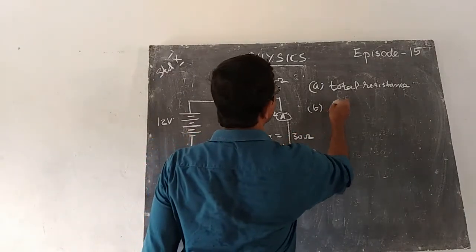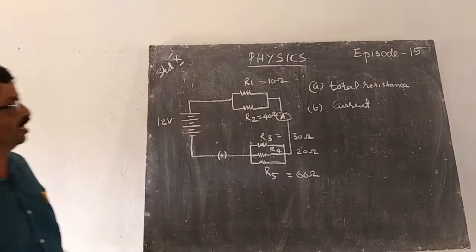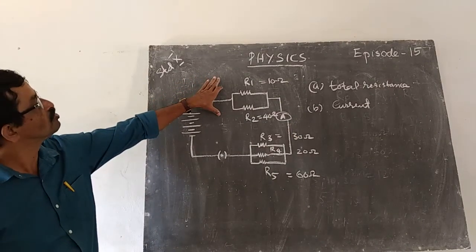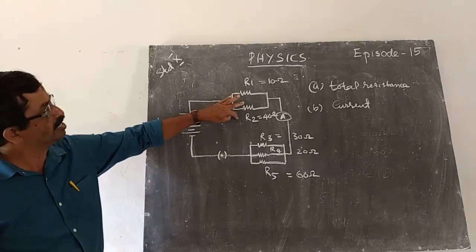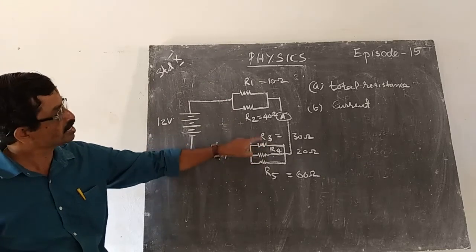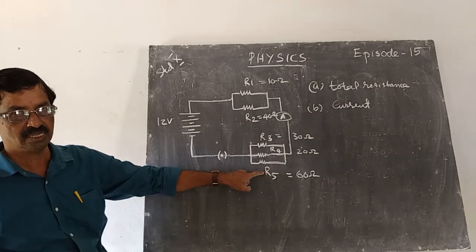See here, these two resistors R1 and R2 are connected in parallel. Again, see R3, R4, R5. These three resistors are also connected in parallel.